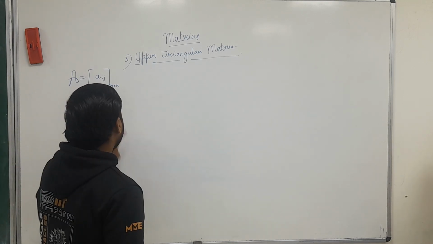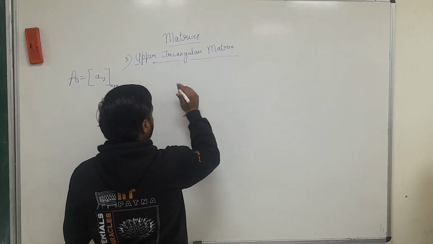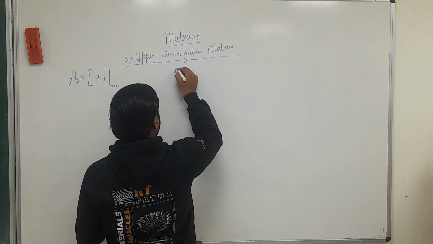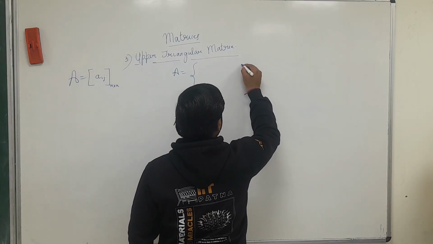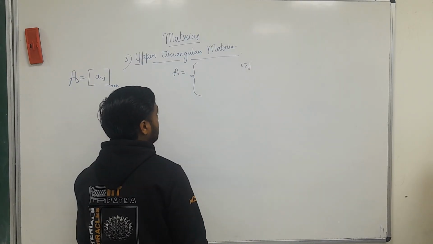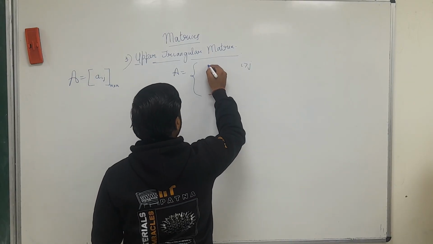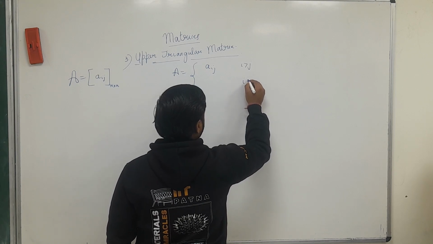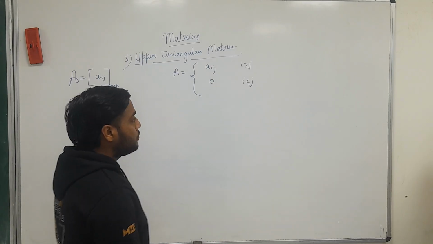Okay, we take this matrix. So in the upper triangular matrix, the condition will be: the matrix whose ith term is greater than j will be aij, and where i is greater than j, it will be 0.